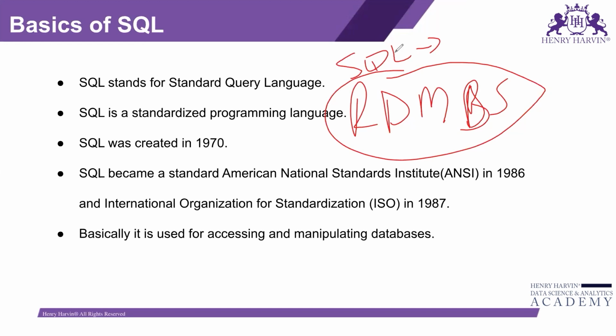So let's get to look at some of the entails of what is actually in the SQL. Some of the aspects of SQL: it was created in 1970, the ISO standard in 1987. And of course, we've said that it is used for accessing and manipulating databases.